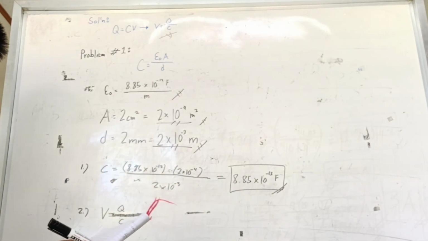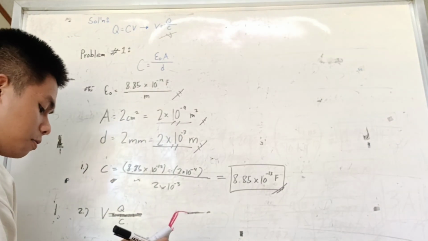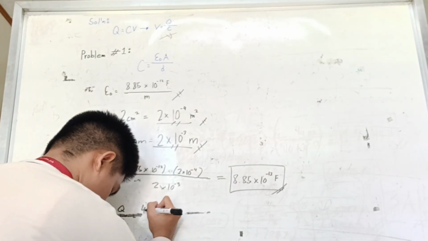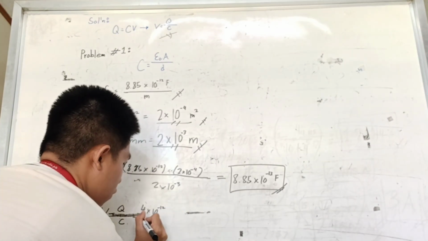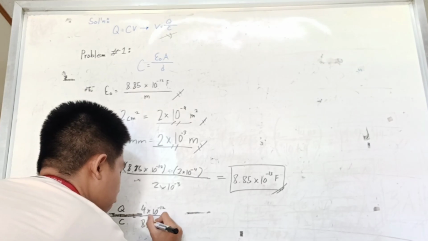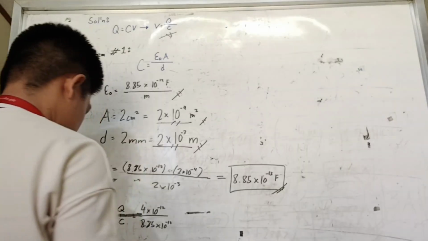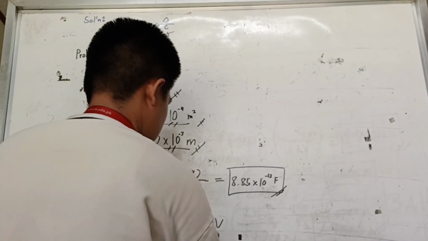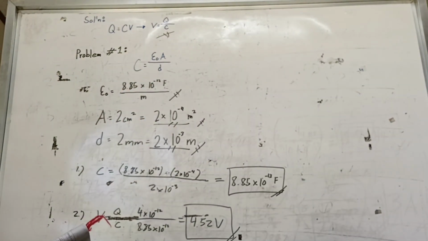Now, we need to substitute the given from our problem, which is 4 times 10 to the negative 12 power over C, which is 8.85 times 10 to the negative 13 power. So, the total is 4.52 volts. This is our voltage for problem number 1.